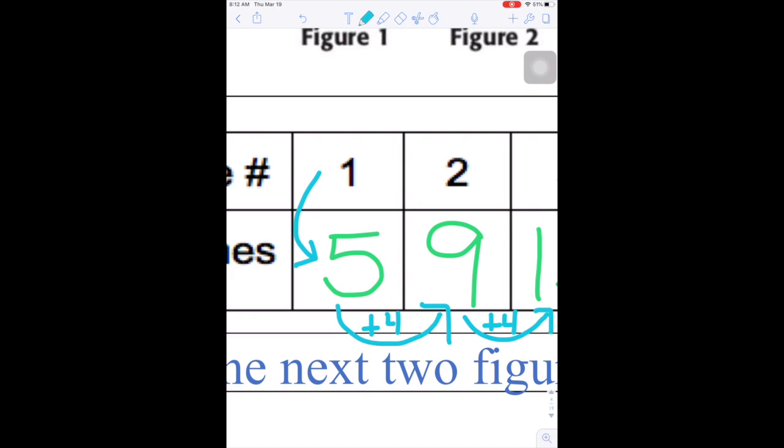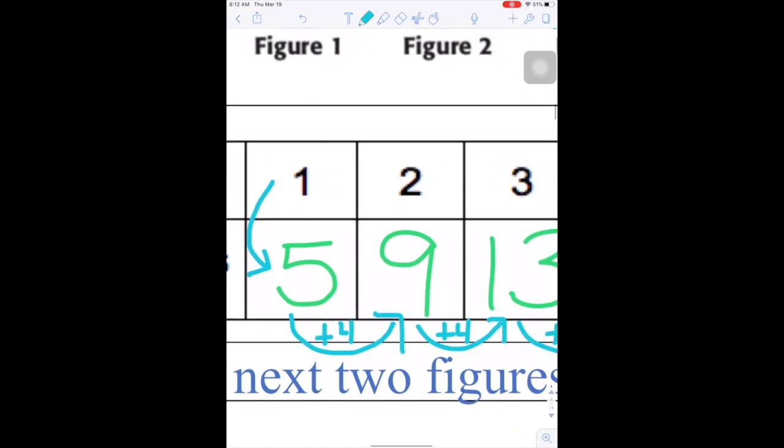Sometimes this takes a little trial and error. We might say, well, I had 1 times 5 gave me 5. But we need to check it with more than one of them to see if that's true. Because if I have 2 times 5, I should have 10, and I don't have 10, I have 9.